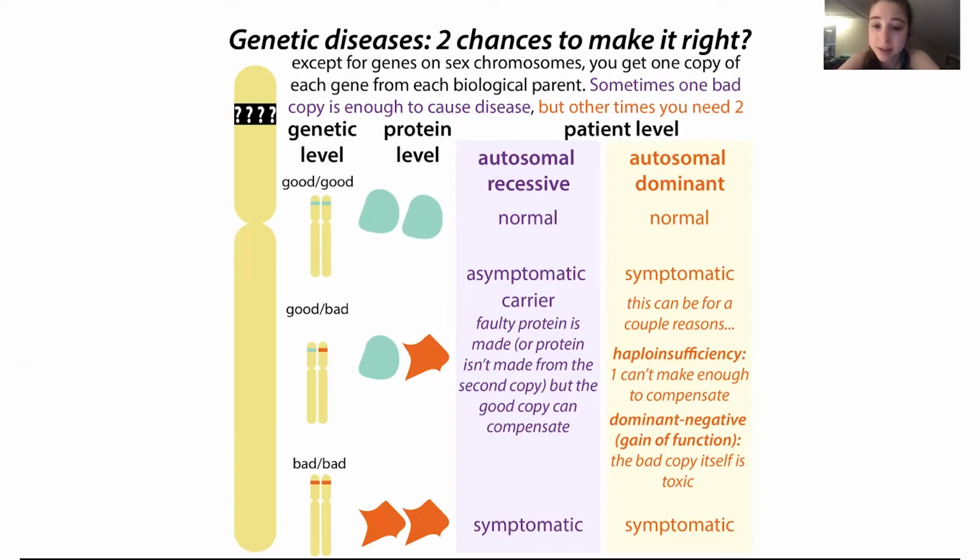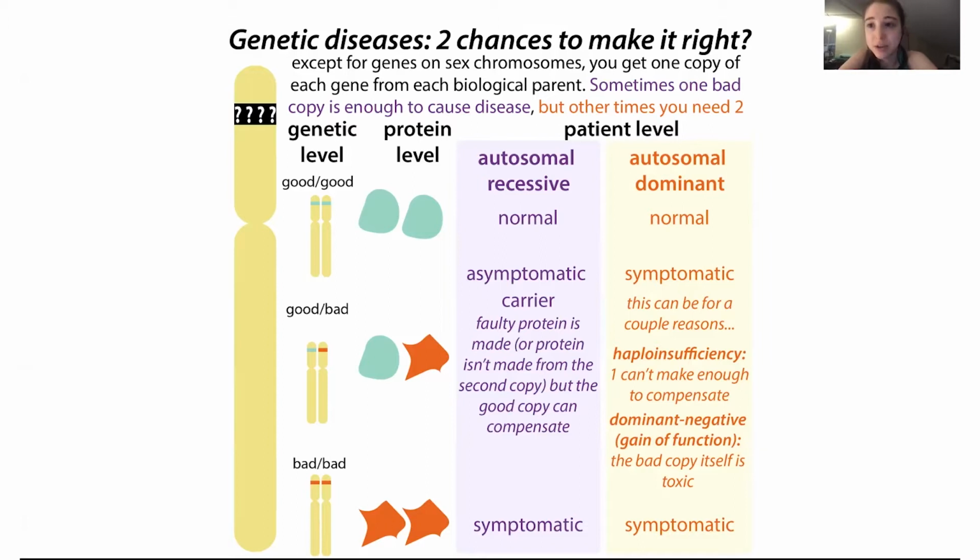There's also dominant negative, or gain of function. So basically the bad copy itself is toxic. This can be for different reasons. Maybe it took on a new function, and so it's doing stuff it shouldn't be doing. Another reason is it could be hogging the stuff that the normal copy would normally be working on.